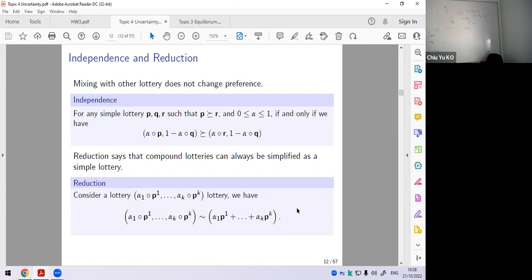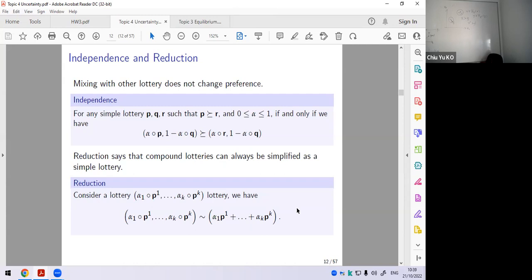Suppose we have lotteries, and you prefer P over R. If I add a redundant thing, mixing in something else, it should still be the same: you still like P over R. And the same here, I mix R with 1 minus R over Q.